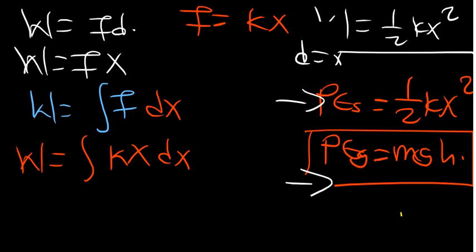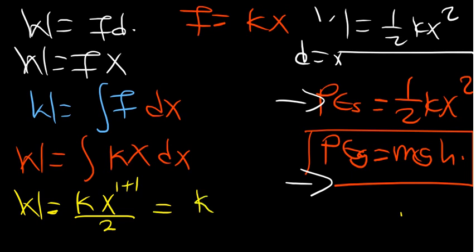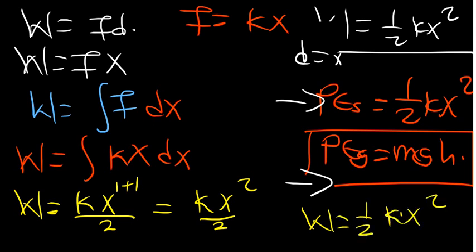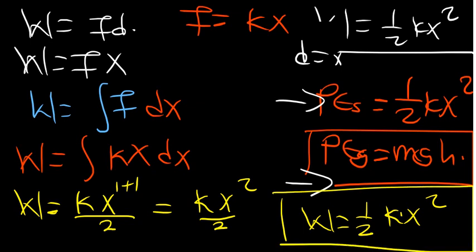So the power of x increases by 1, and you divide by the new power. That's what we do. So here, meaning that the work done will be equal to k, then I'm going to have x to the power 1 plus 1 divided by 1 plus 1, which is 2, meaning that I'll have kx squared over 2. So the work done will be equal to half kx squared. So this is where this formula is coming from. At the same time, this is the formula for elastic potential energy.